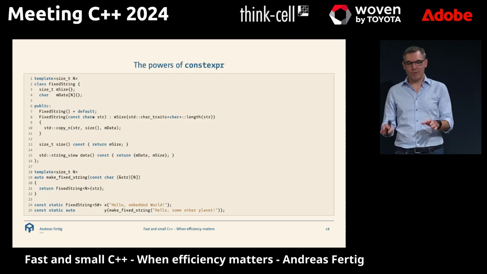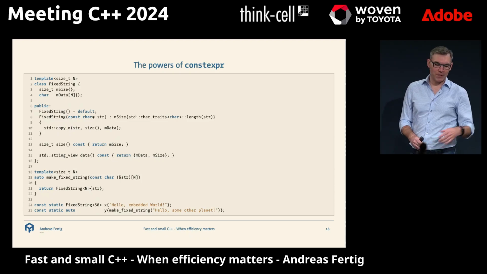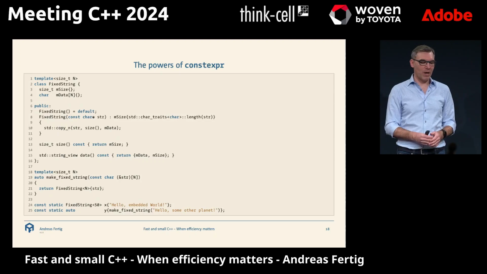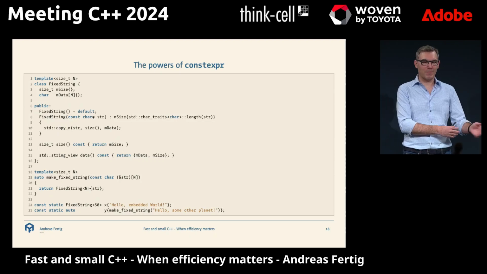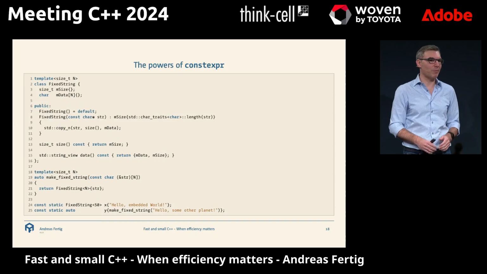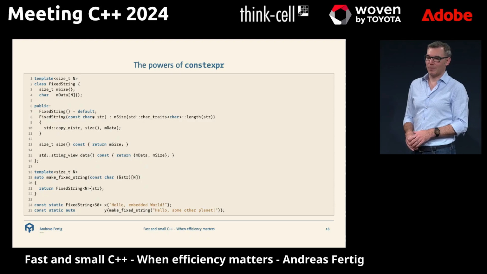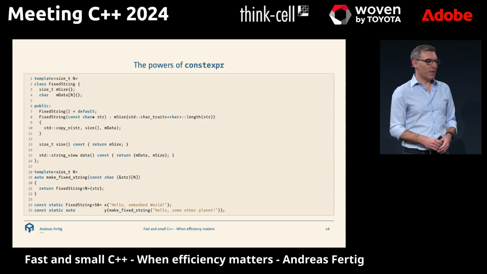They understood that before I came in, so this is why they have this function make fixed string, which takes your char star array, keeps the arrayness, figures out the length, and allows you to create a perfectly trimmed fixed string object. And this is what's used in Y. If you look at the code, the objects X and Y are already const, they are already static.